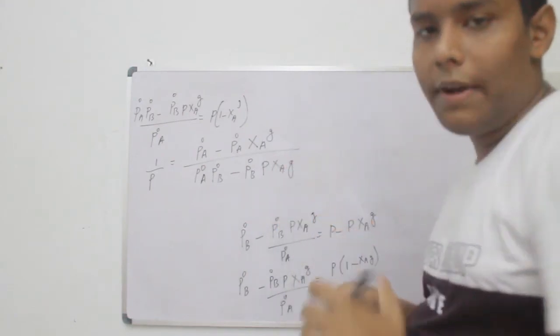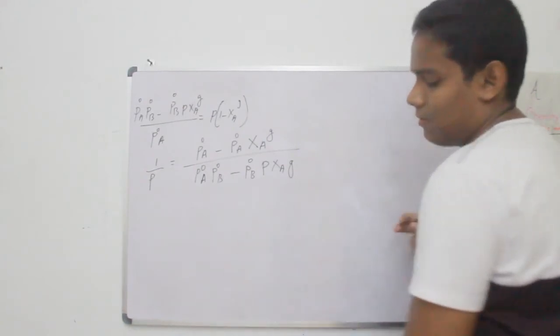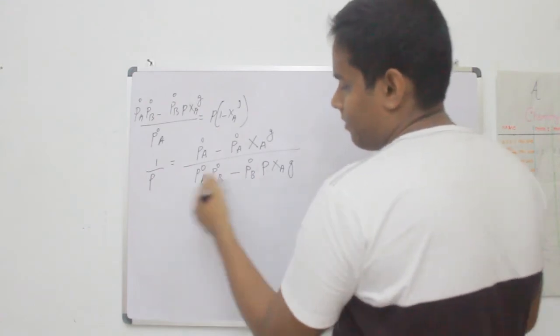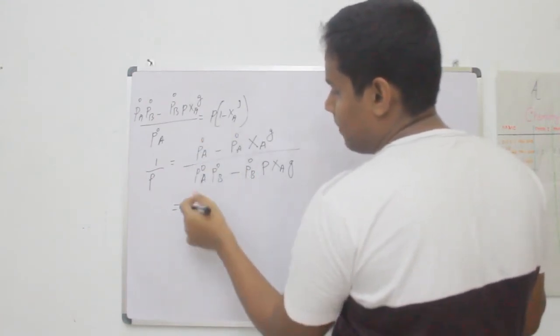Now there are certain common factors that you can take. We take P0 B out and divide separately.